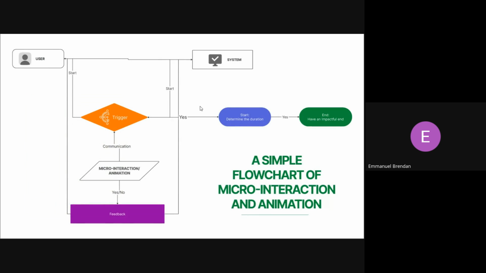So after that, this is just a simple flow chart that I came up with for us to have an understanding of micro interaction and macro interaction, which is also animation. So we have user and system, right? So the system actually stands for any device you're using, maybe your mobile phone or your system or your iPad or any gadget you have just to access any product, right?